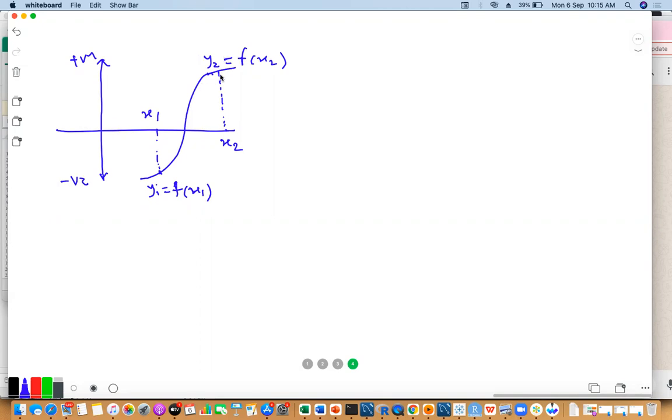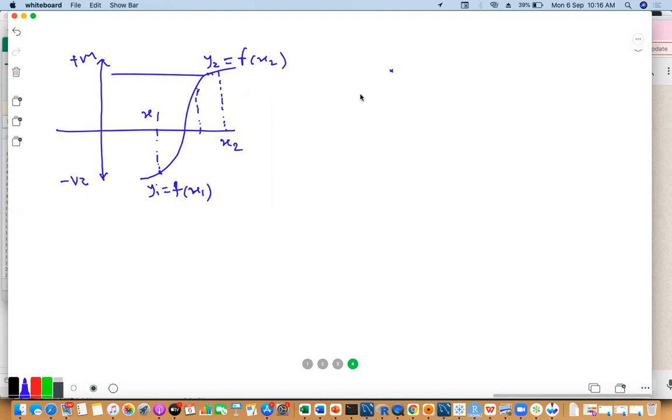So for the initial guesses, if one y value is negative and the other y value is positive, then our initial guesses are right. If the signs of the y values are the same, let us say we have y1 on the positive side and y2 also on the positive side, then the initial guesses are not correct.